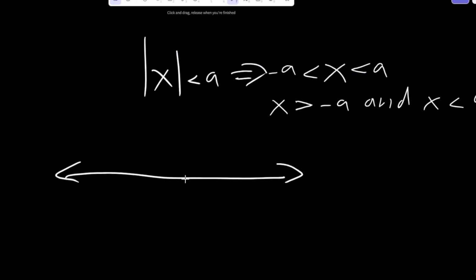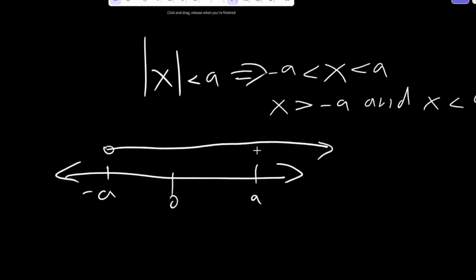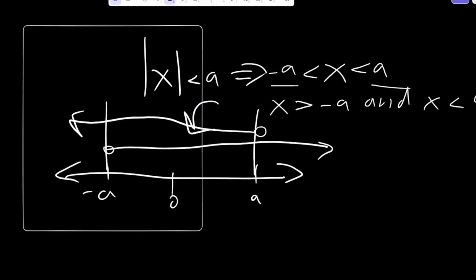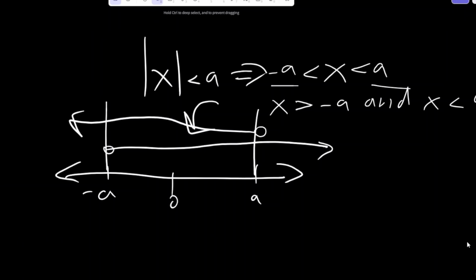So if we have a graph with 0, a, and minus a, x has got to be greater than minus a, and x is less than positive a. So where they overlap is going to be our "and" section. So this will be the solution, which is also just between negative a and positive a.